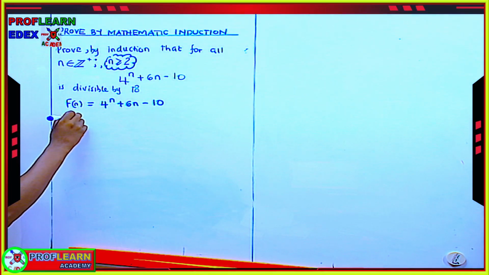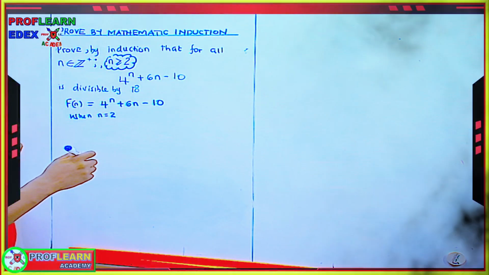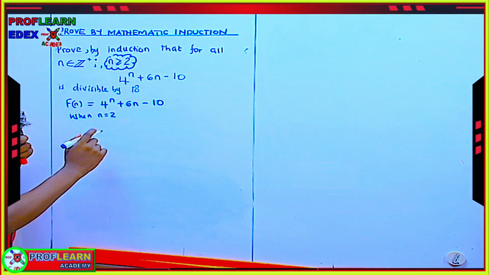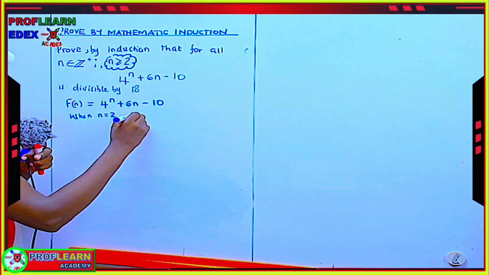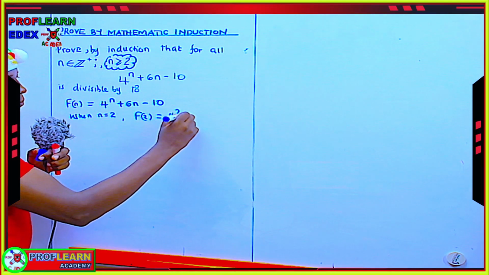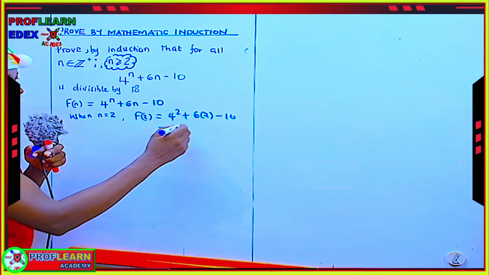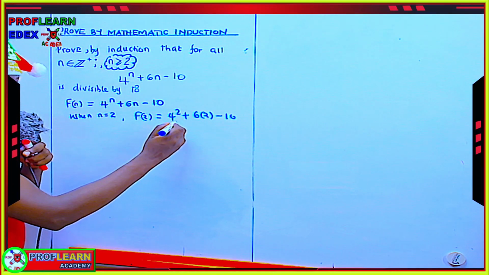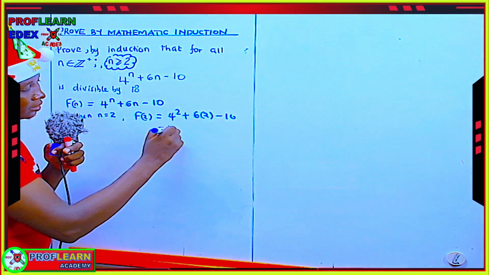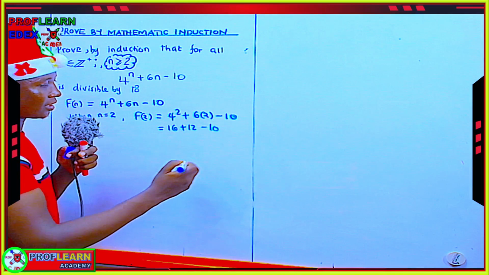So we say when n is equals to 2, you can just take a number in front of this. We're going to say f of 2 is going to be 4 raised to power 2 plus 6 times 2 minus 10. If you work out, this is going to be basically 16 plus 12 minus 10.